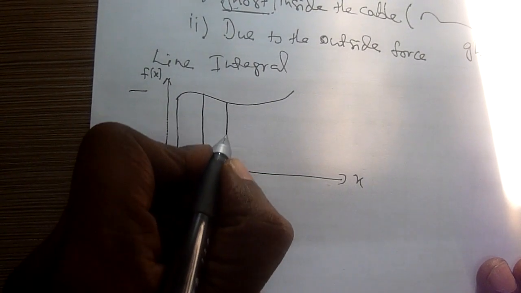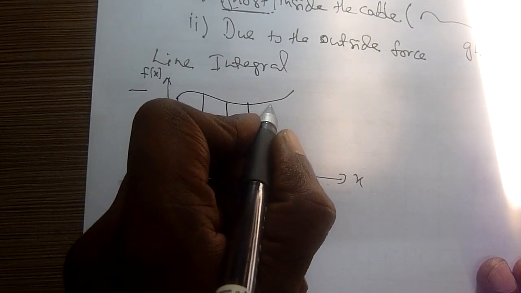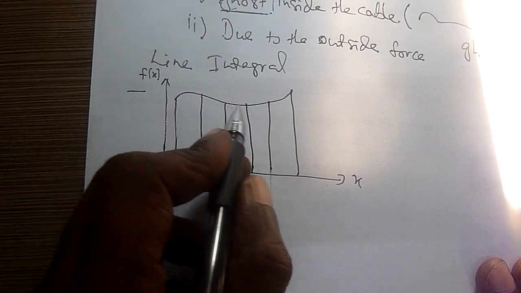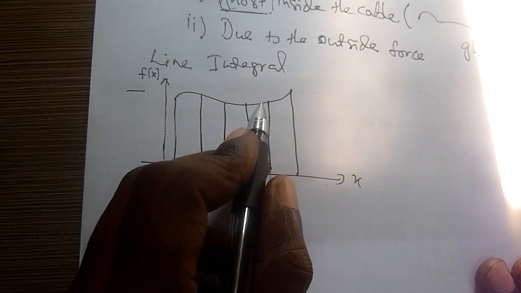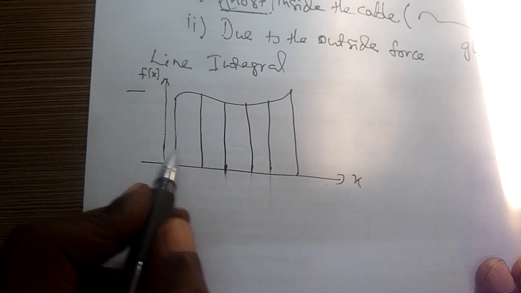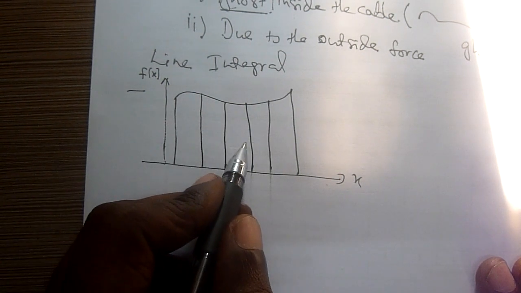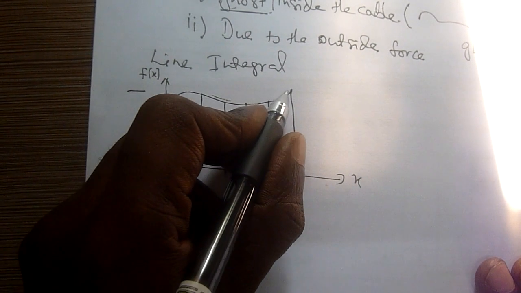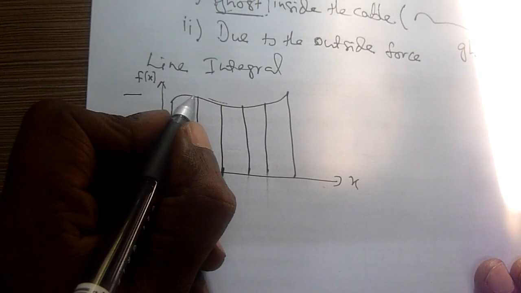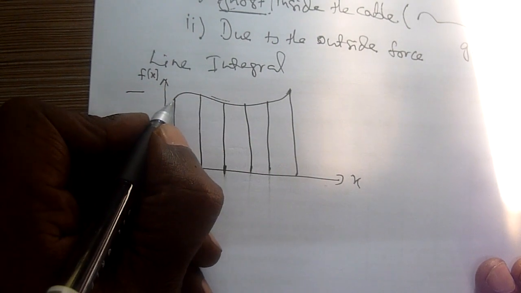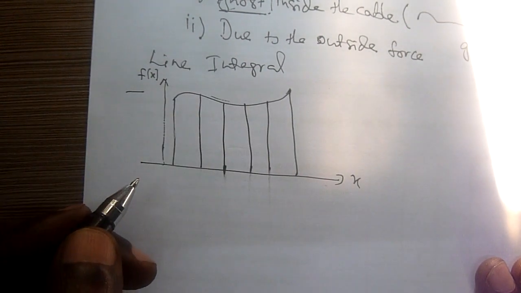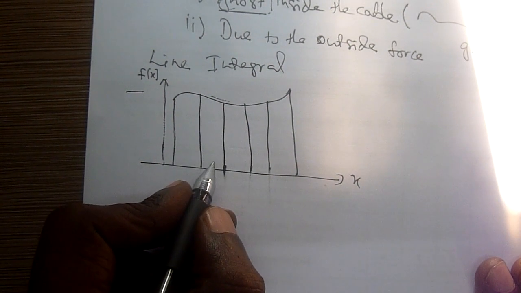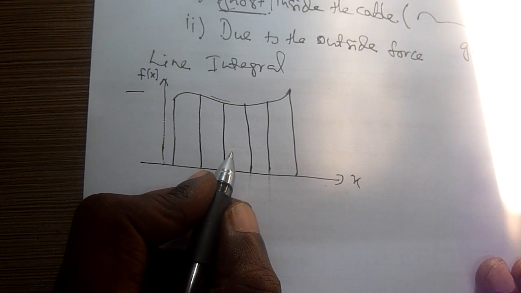If I want to measure the line, you all know how to calculate the surface. When we do integration on this surface, we are able to identify the area. But can I identify the length? How do I calculate the length of this curve? We are not interested in the surface. Remember, we are not interested in the surface.